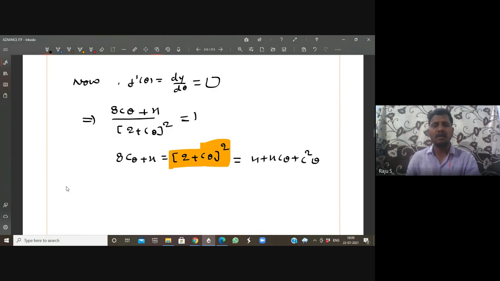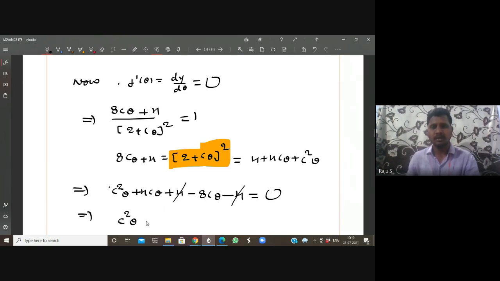Take all the values to one side: the 8 cos theta plus 4 you can take to the right side. Right side already has cos square theta plus 4 cos theta plus 4, minus 8 cos theta minus 4 is equal to 0. So 4 gets cancelled, which implies cos square theta minus 4 cos theta is equal to 0.